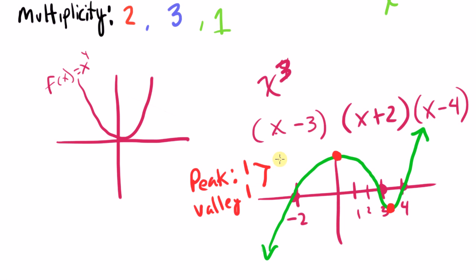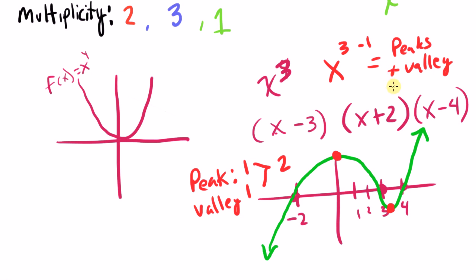What they say is that the degree of the function minus 1 is equal to the number of peaks and valleys. Or let's rephrase this, because it's not equal to the number of peaks and valleys. It's equal to the maximum number of peaks and valleys.